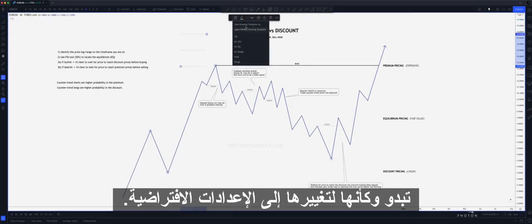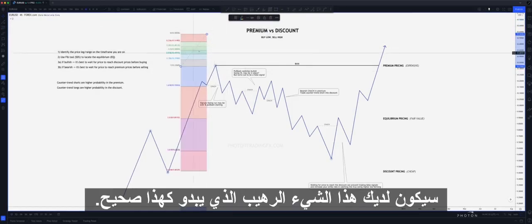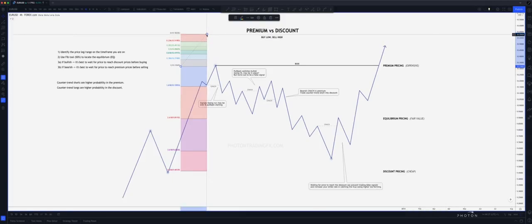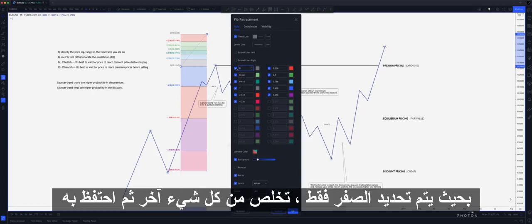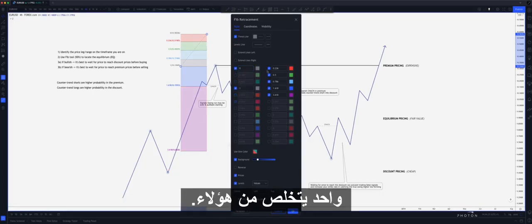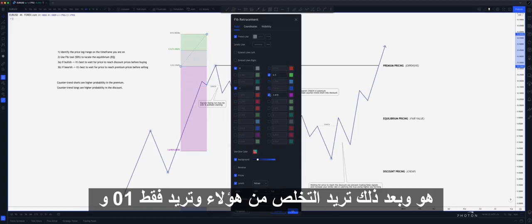Now when you first drag this out, in fact I'll show you what it will probably look like. If I change it to the default settings, you'll have this horrendous thing that looks like this, right? Now what you want to do is go into your settings and change this so that only 0 is ticked, get rid of everything else, and then keep the 1, get rid of these, and get rid of those, and you only want 0, 1, and 0.5.